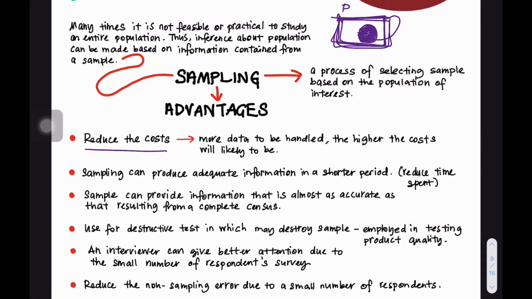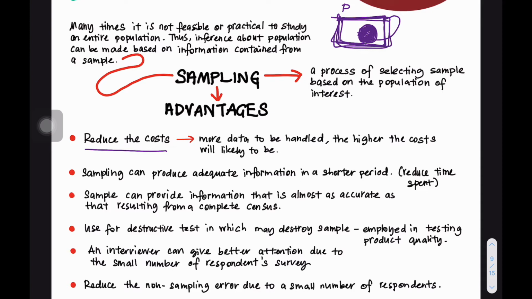Okay. Used for disruptive tests in which men may destroy the sample employed in testing product quality. So disruptive test ni adalah kita test benda-benda yang failure. Disruptive test adalah test ke atas failure things.